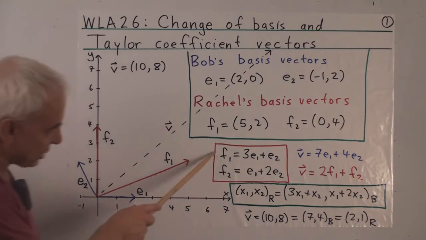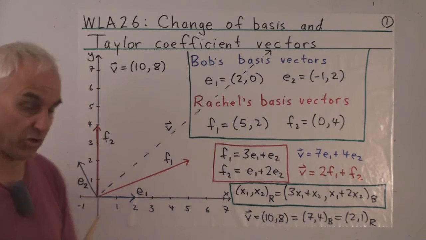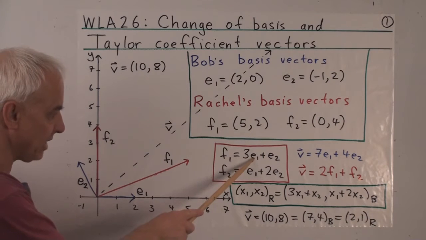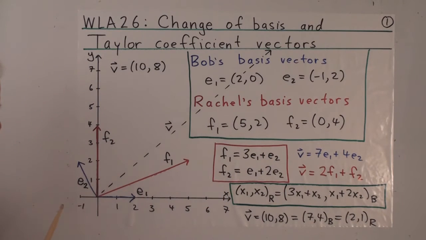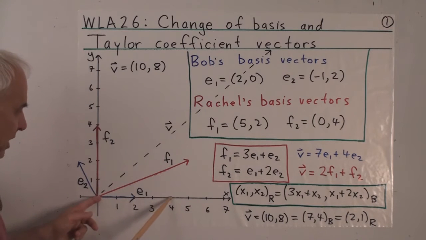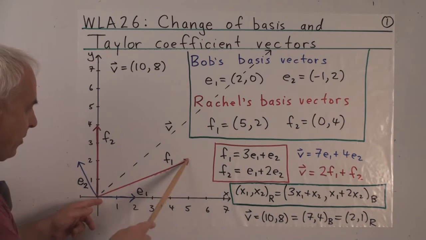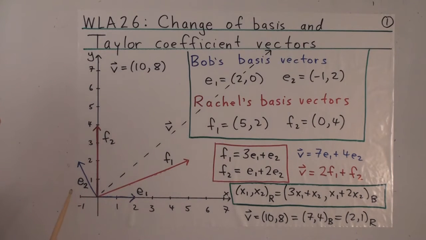Now, some relations that we wrote down in that first lecture, and you might want to review that first lecture while in Alg number 1: we saw that F1 and F2 can be written in terms of E1 and E2. For example, F1 is 3 times E1 plus E2. We can see that geometrically. If we take E1 there, then 2E1 will be out to here, and 3E1 will be out to here. And then if we add E2, we get F1.